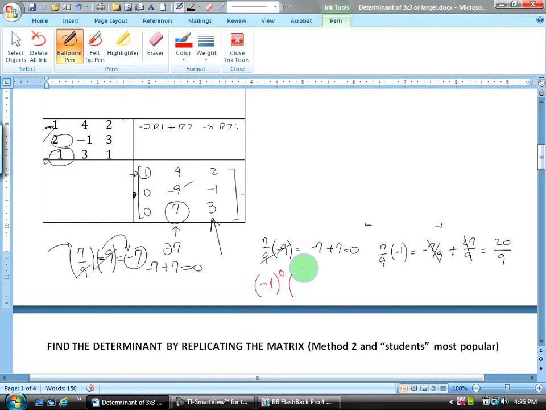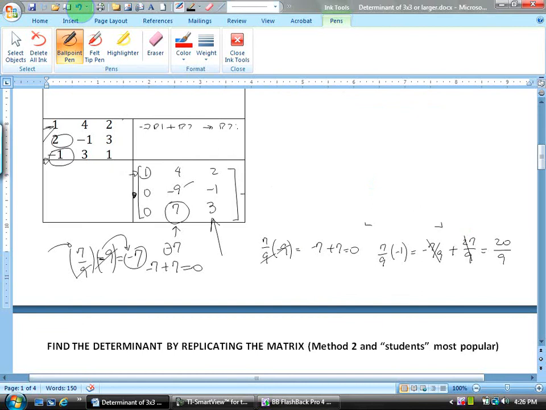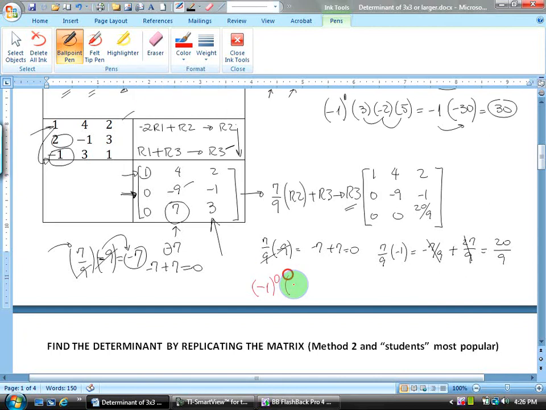Now we multiply by the diagonal we got. That's the diagonal: 1, minus 9, and 20 over 9.